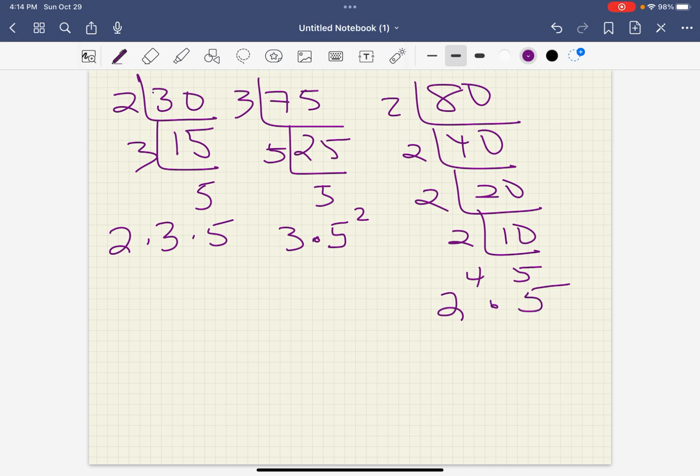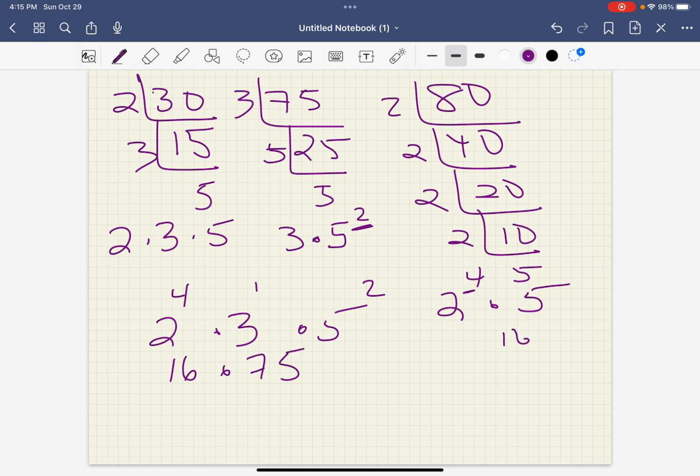So for the least common multiple, we have to have a 2, we have to have a 3, we have to have a 5. So the biggest exponent on the 2 is this 4 right here. On the 3, there's only 1. And on the 5, it would be this 2. So 2 to the 4th is 16. 5 to the 2nd, 25 times 3 is 75.